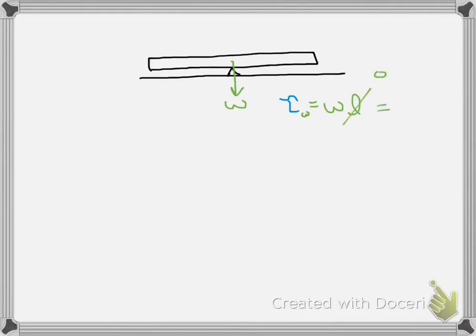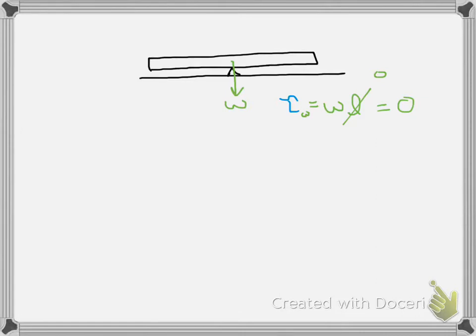In the previous example, we looked at the two forces that were acting on the meter stick that produced torque, but we didn't consider the actual weight of the meter stick. And I want to look at it here quickly.